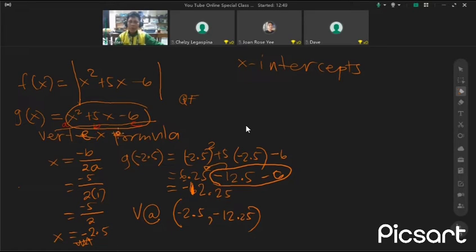Since this is factorable, with our discovery a while ago, I thought this is not factorable, but this is factorable pala.